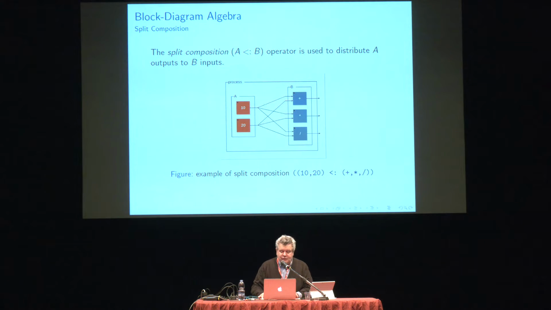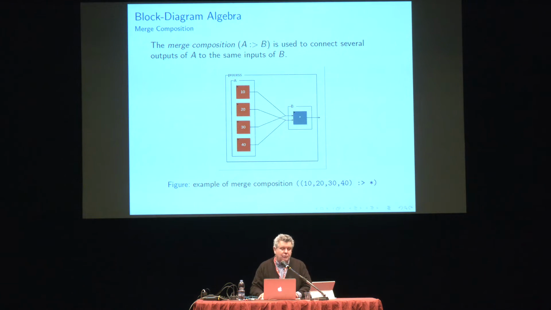The reverse of the split connection is called merge, and here it's like you merge on a stereo bus all the outputs of your rack of effects, so to speak. So in this case, the number of outputs of A must be a multiple of the number of inputs of B, and this is the way they are connected.